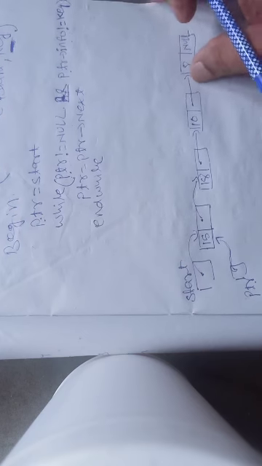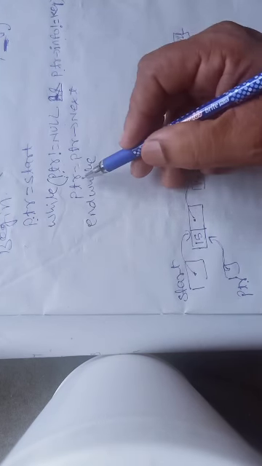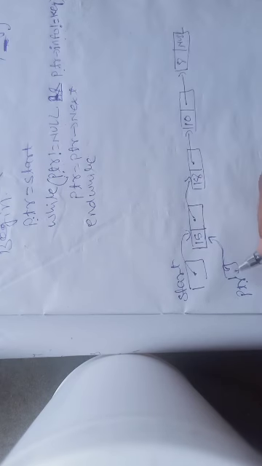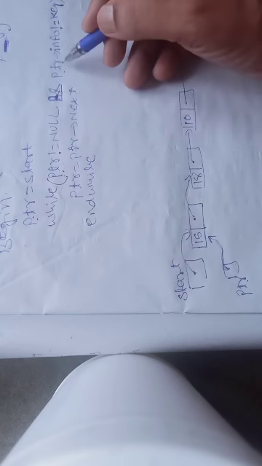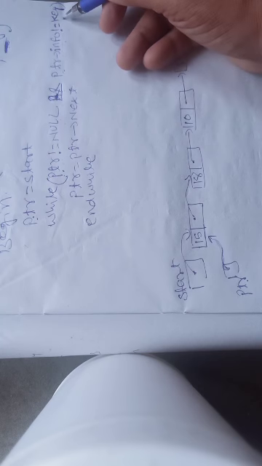Is that clear? Fine. So ptr not equal to null is true. Then with the and, this will be compared: ptr of info not equal to key. Now let us assume key is 10.